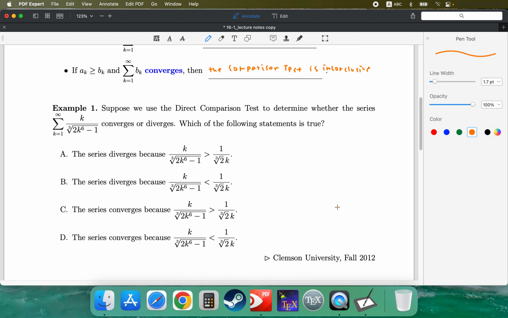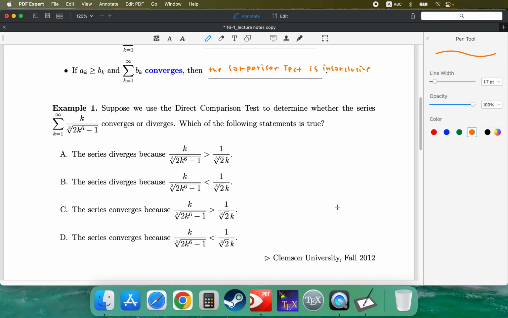Suppose we want to use the direct comparison test to determine whether the series converges or diverges. Which of the following statements is true? Okay, so notice that in order to use the comparison test, it doesn't matter if it is a direct comparison test or a limit comparison test.